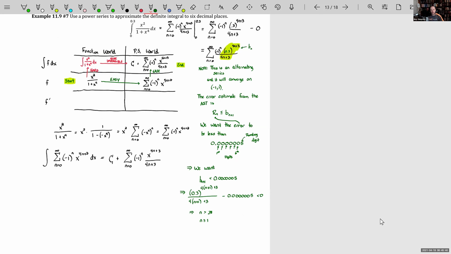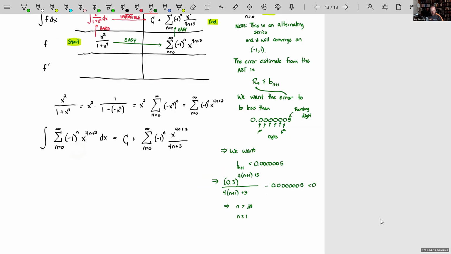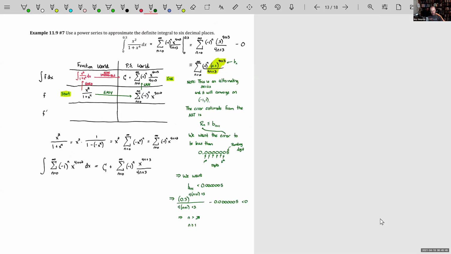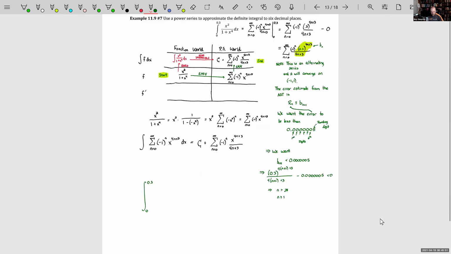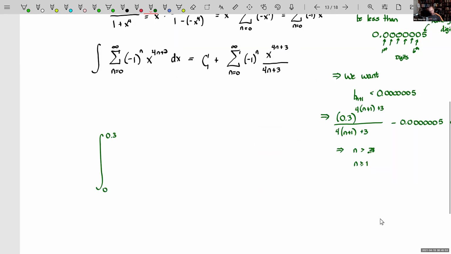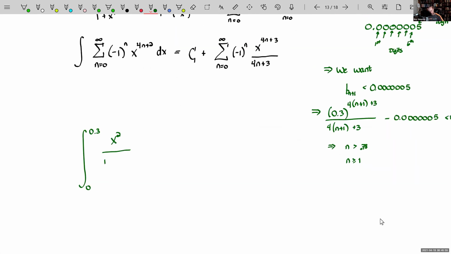So if I do that for 6 decimal places of accuracy, I will get the integral from 0 to 0.3 of our original function, which is x squared over 1 plus x to the fourth dx. It's approximately equal to the summation n equals 0 to 1. Very quick, right?